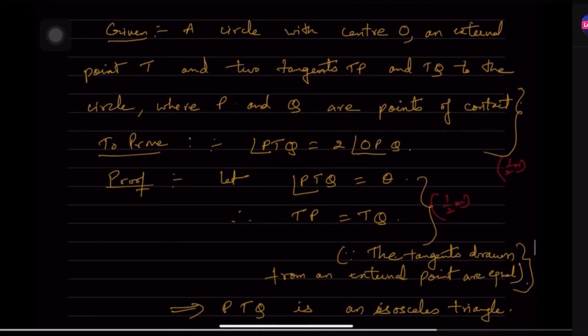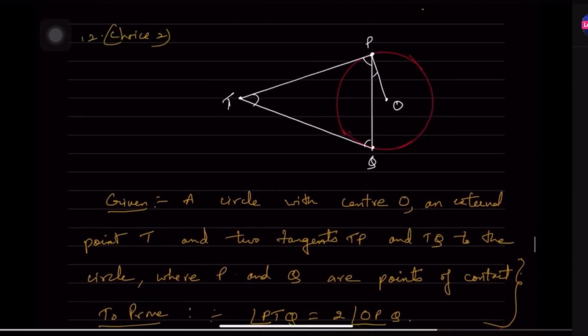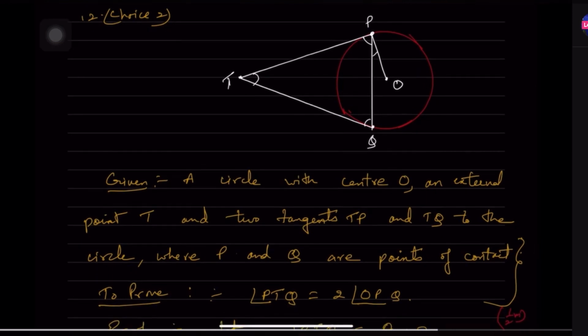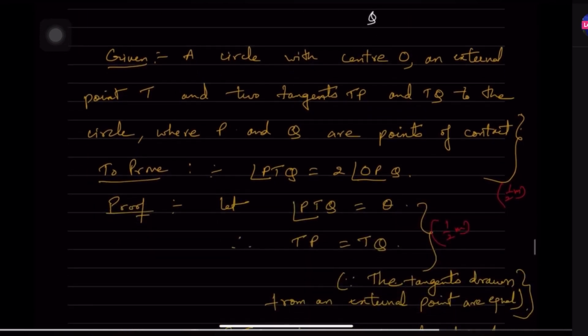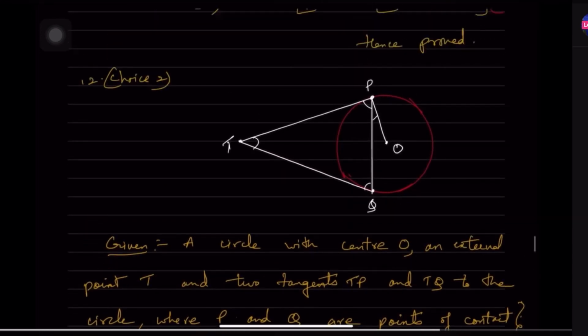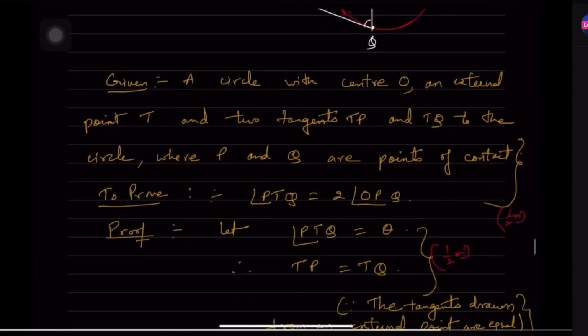So we have to prove that angle PTQ is equal to 2 angle OPQ. Now let angle PTQ be equal to theta.